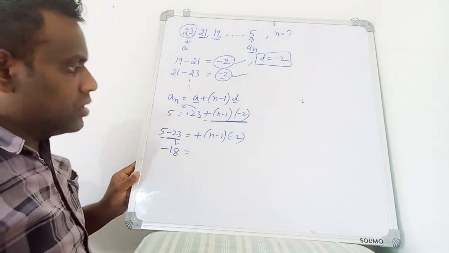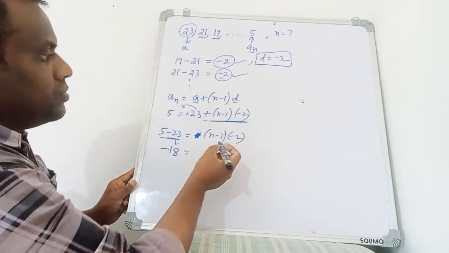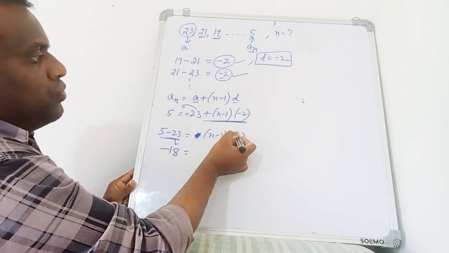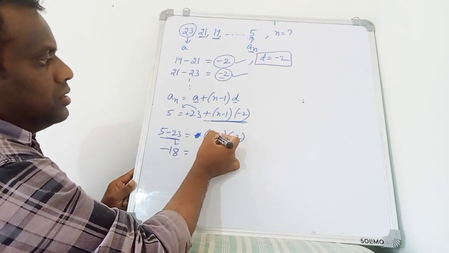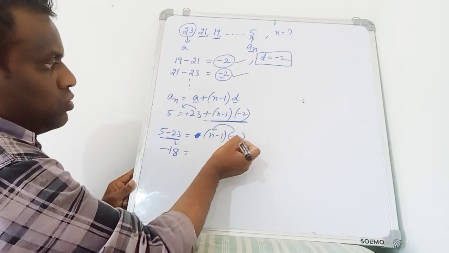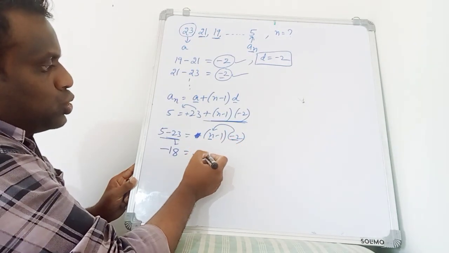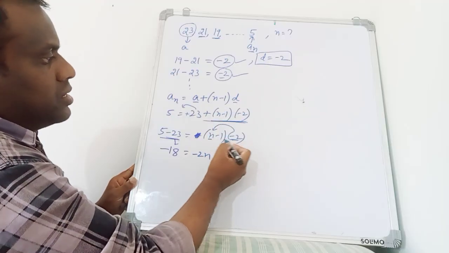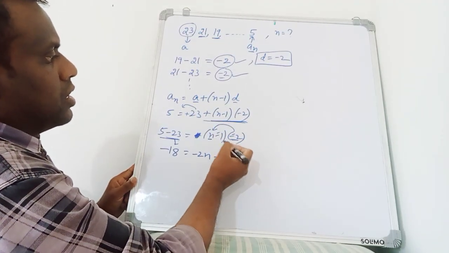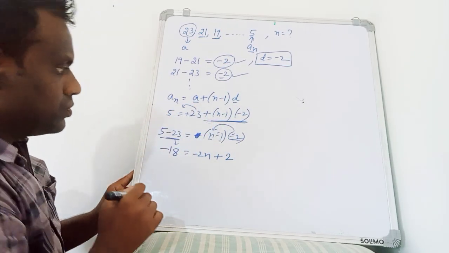Now see, this is multiplication, (n minus 1) into minus 2. We have to multiply this n by minus 2, then this 1 by minus 2. First n into minus 2, minus 2n. Next, minus into minus is plus, so 1 into 2, 1 into 2 is 2.